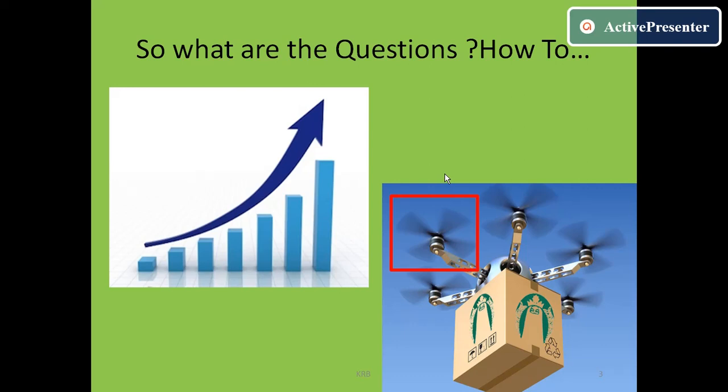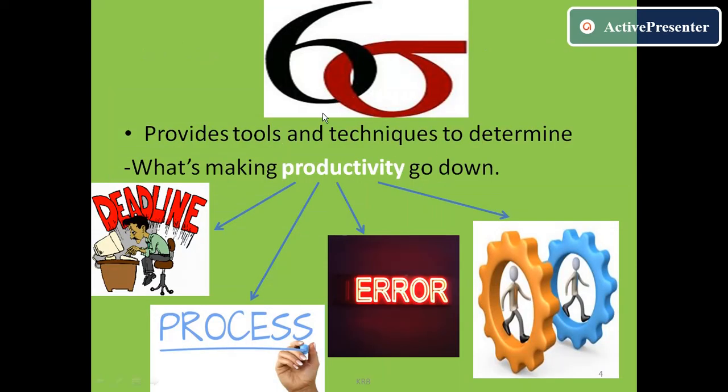There can be many questions, but the goal is to get the highest quality product and to increase the production rate. This can be achieved by using a single concept, that is Six Sigma. Six Sigma provides tools and techniques to determine what is making productivity go down.